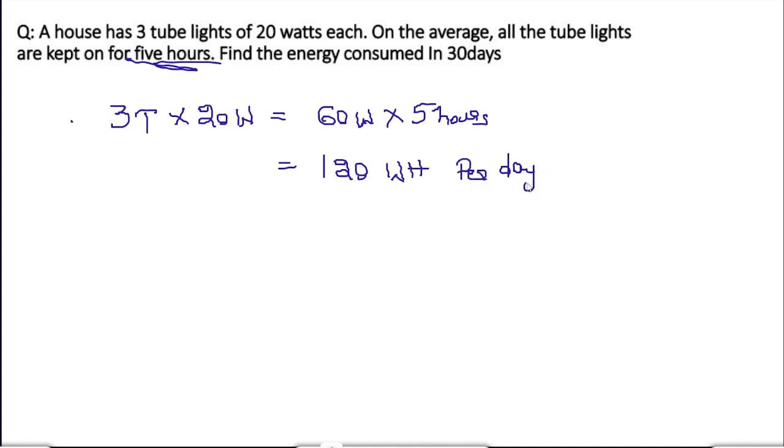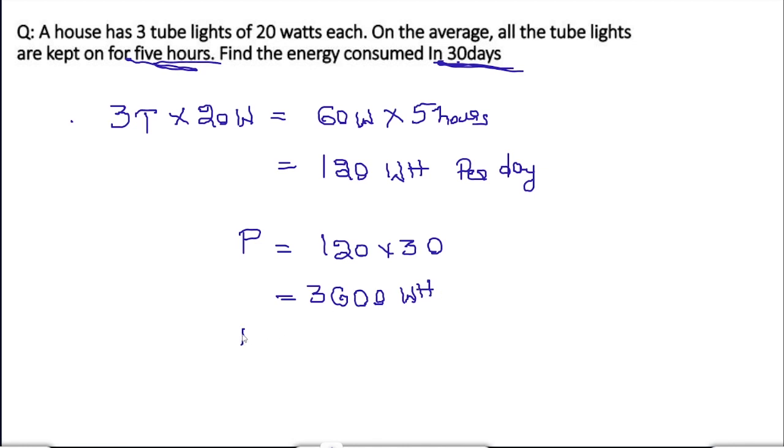Then what they're asking is the energy consumed in 30 days. It is per day, so we simply multiply 120 into 30. 12 threes are 36, so 3600 watt hours.